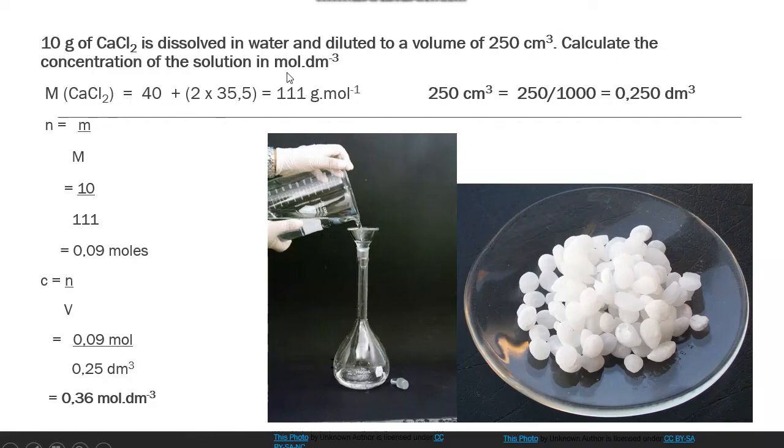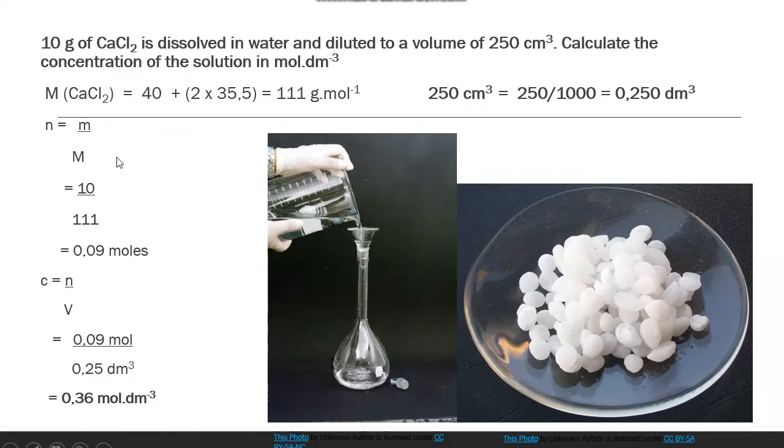So we're actually going to calculate this concentration value. We get the big M of calcium chloride: 40 is calcium, 2 times chlorine, and we know that our molar mass is 111 grams per mole. And this is a really critical part: this is in centimeters cubed, so we've got to divide by 1,000 to get to decimeters cubed.